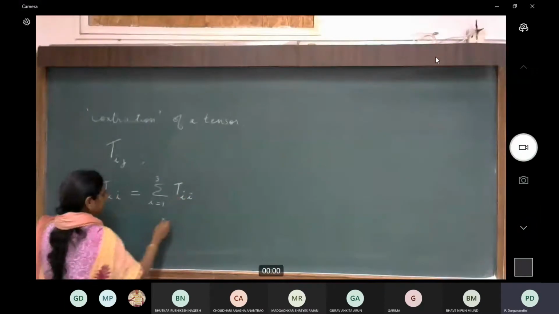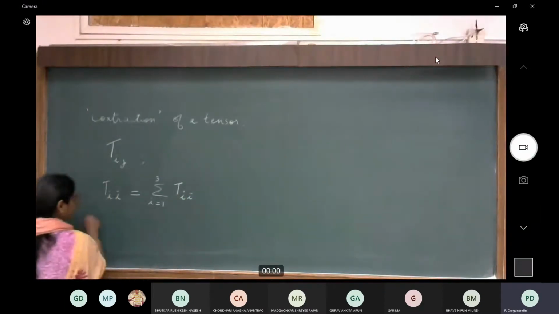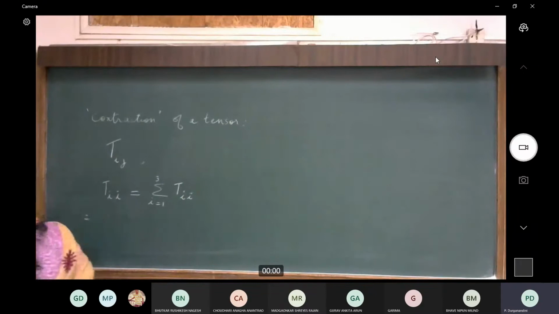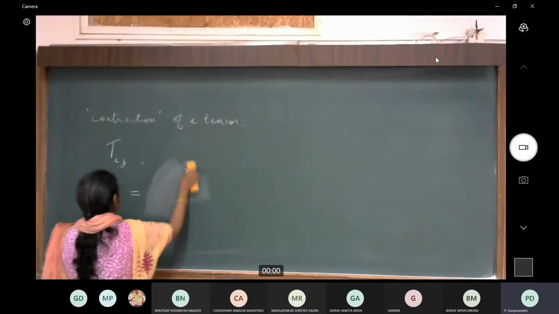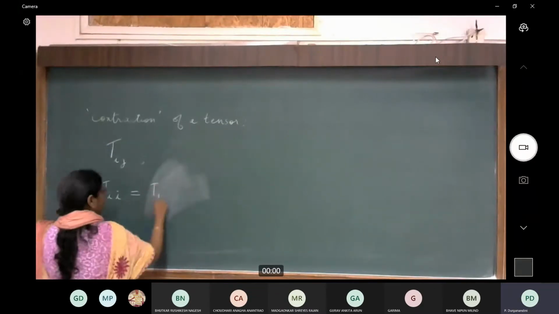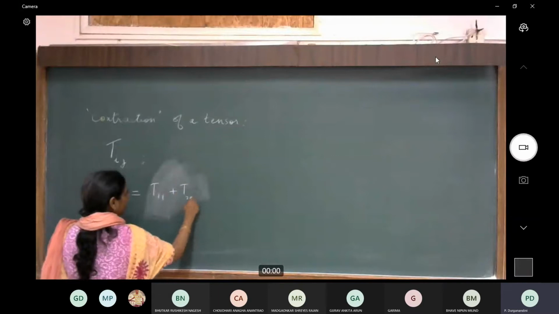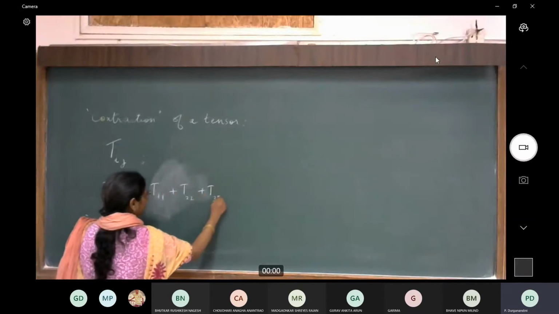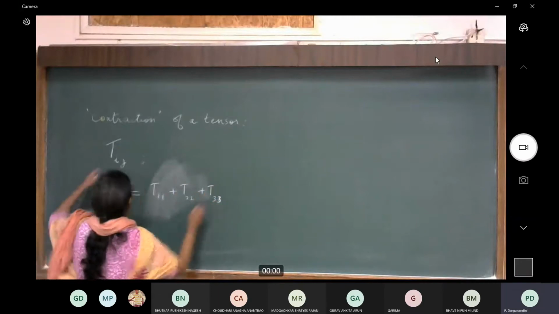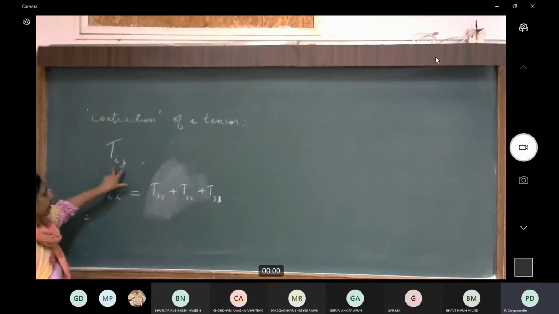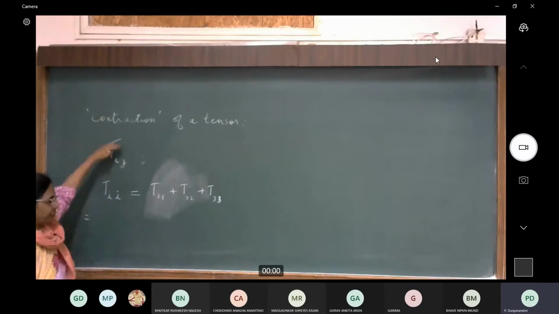So this really means T11 plus T22 plus T33. I again want to emphasize that what we've done is take the two subscripts of the tensor, equalize them and sum them.